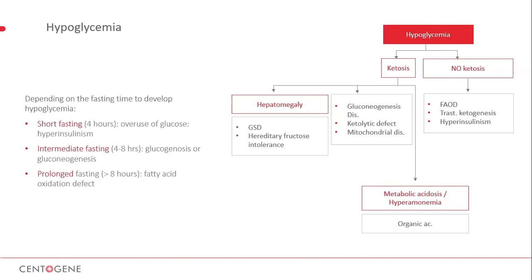For example, if hypoglycemia develops after a short fasting, we can start to think about hyperinsulinism. If it develops after an intermediate fasting, then we may suspect glycogenosis or gluconeogenesis disorders. And those that arise from a prolonged fasting will make us think about fatty acid oxidation defects.